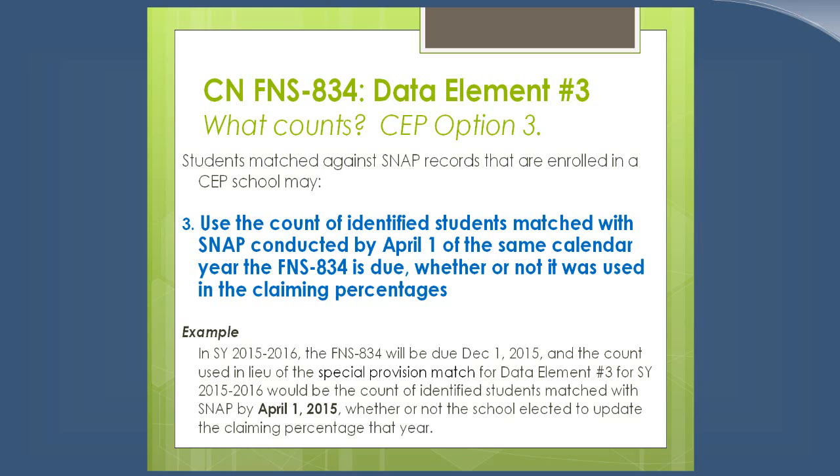So for example, in school year 15-16, the FNS-834 will be due December 1st, all things going well, and the count used in lieu of the special provision match for data element 3 for CEP schools for school year 15-16 would be the count of identified students matched by SNAP by April 1st, 2015, whether or not the school is electing to update their claiming percentages for that year. So what does this look like?